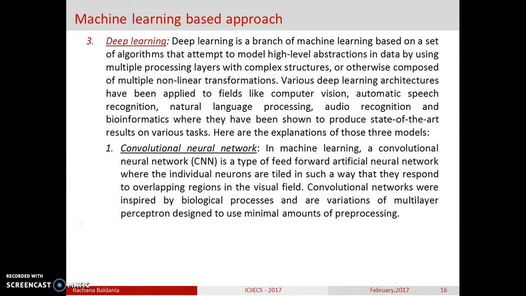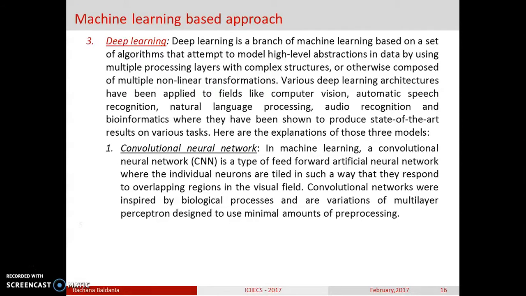Various deep learning architectures have been applied to fields like computer vision, automatic speech recognition, natural language processing, audio recognition, and bioinformatics, where they have been shown to produce state-of-the-art results on various tasks. Here are the explanations of those three models.